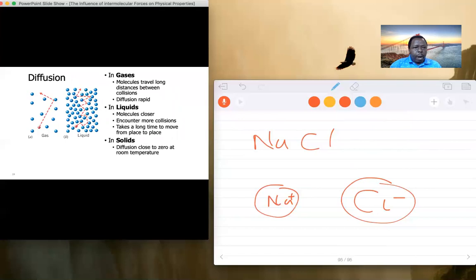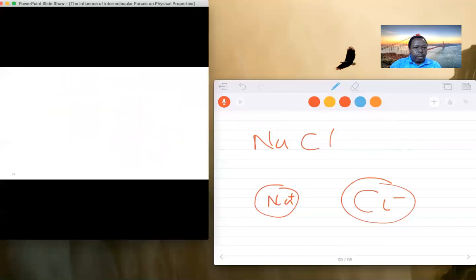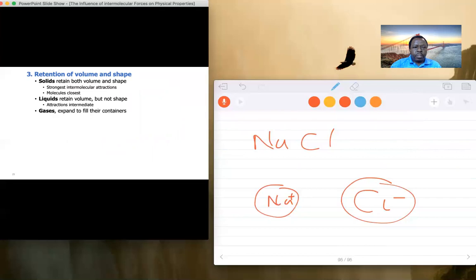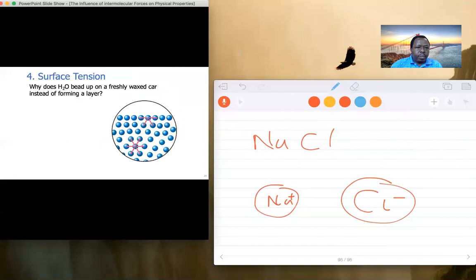One other physical property you need to reconcile with intermolecular forces is volume and shape. Solids retain their shape. Why do liquids not retain their shape? It's because of the intermolecular forces. Gases expand to fill the container. That's another effect.